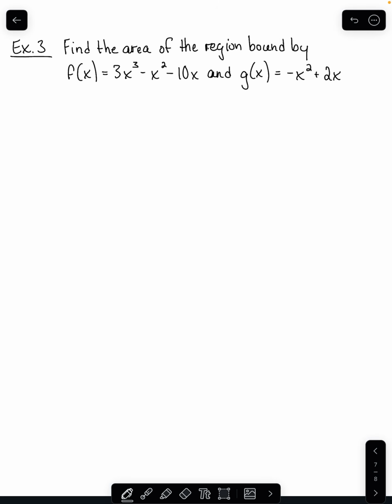A graphing utility will be very important here. Now we can solve for the intersection points by setting the two functions equal to each other, but that x cubed is going to make things a little bit more difficult.